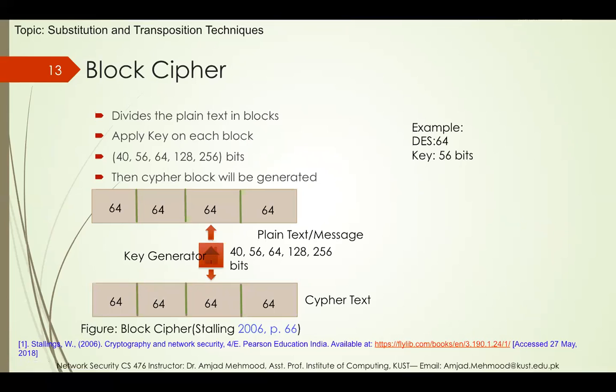You select a key here, and when you apply this key on this block, you will get the ciphertext. You can see here this ciphertext.